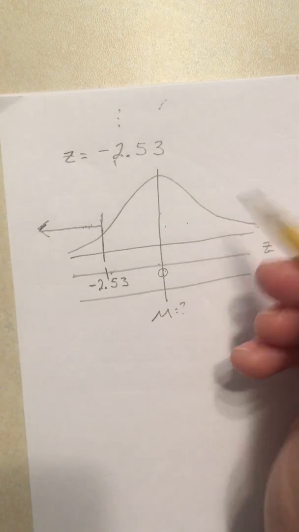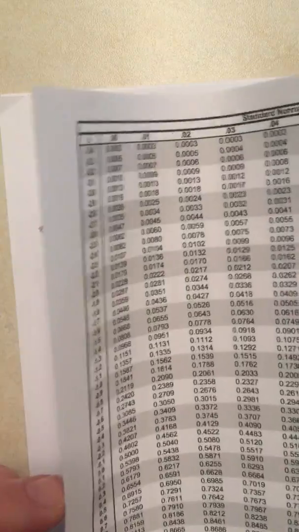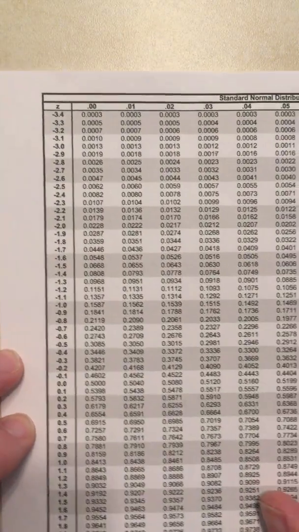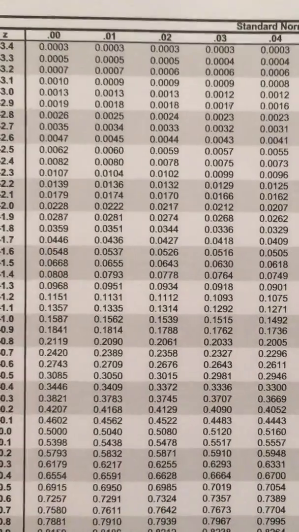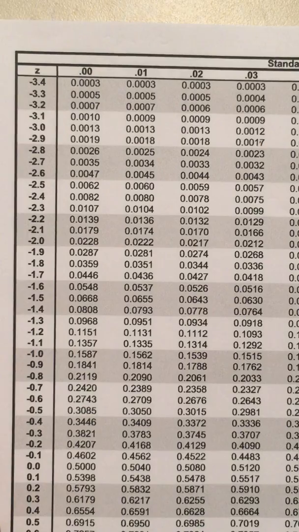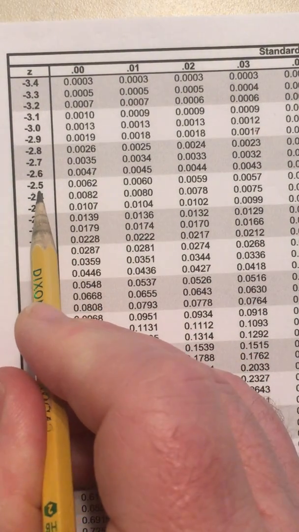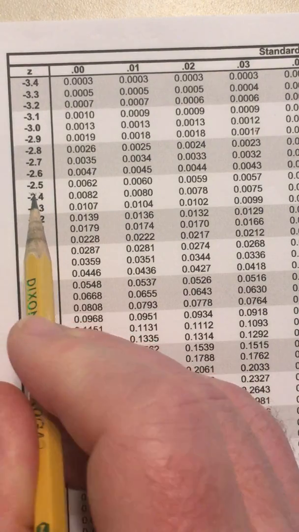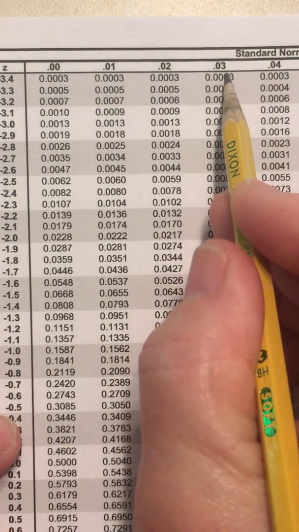So, now we go to the normal table. And our number was negative 2.53. Negative 2.5. I can zoom in here a little bit. The digit immediately in front and following the decimal is in the leftmost column, negative 2.5. And then across the top, we find the second decimal, which in this case is 3.